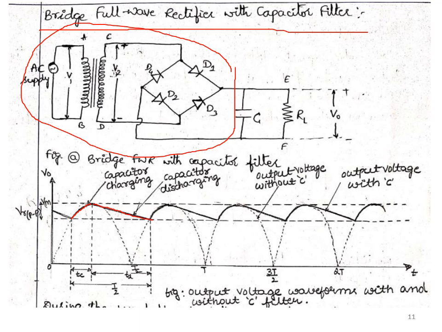You can consider the charging time as Tc and the discharging time as Td. Total time T is equal to T1 plus T2. So we can consider the capacitor charging and discharging waveforms.